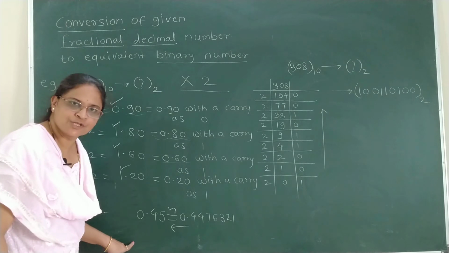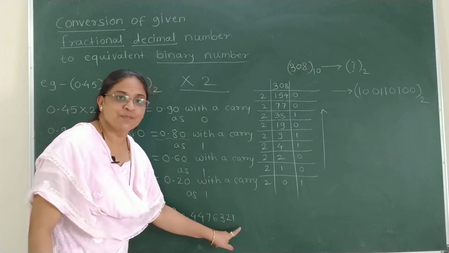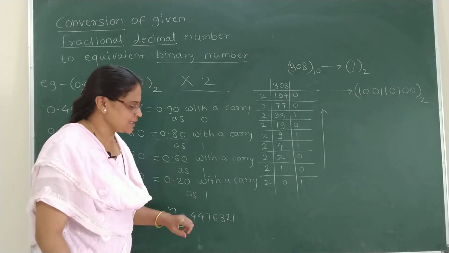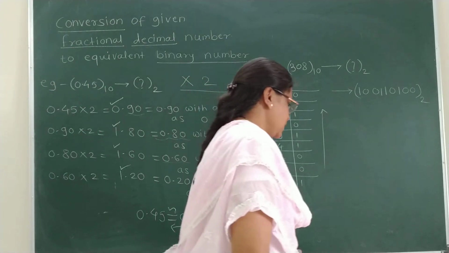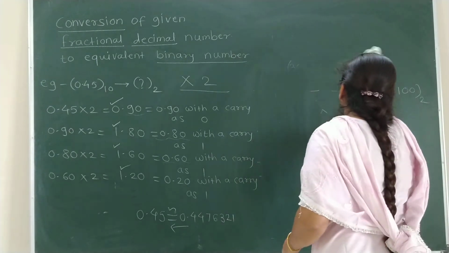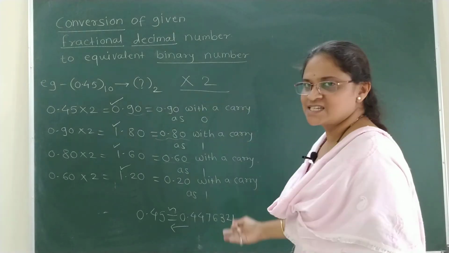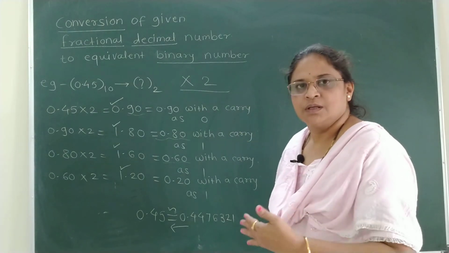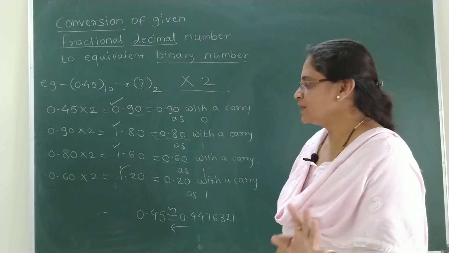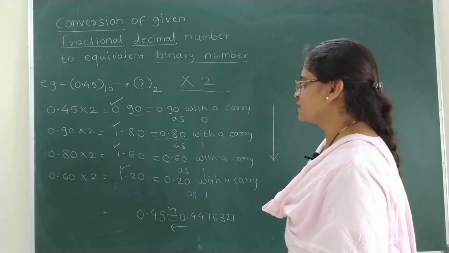So that is the approximated part, but this is more accurate because here it contains many digits. Similarly, for the conversion of the fractional part of a decimal number, if you continue this multiply by 2 method for many steps, it will give you the accurate answer. But normally here you can stop after 4 to 5 steps.